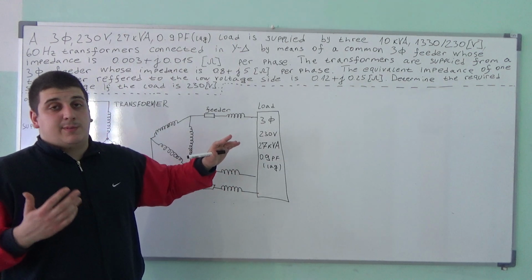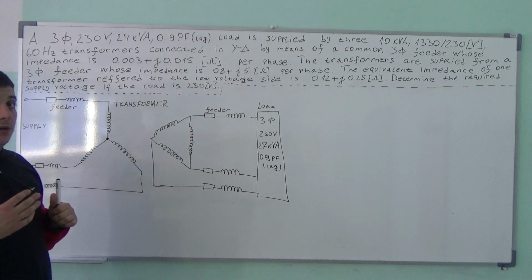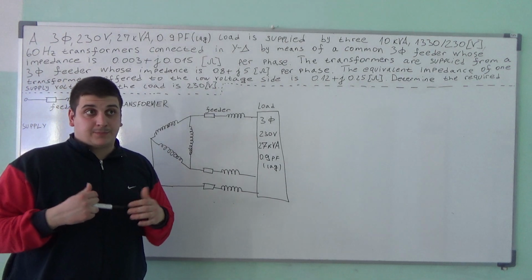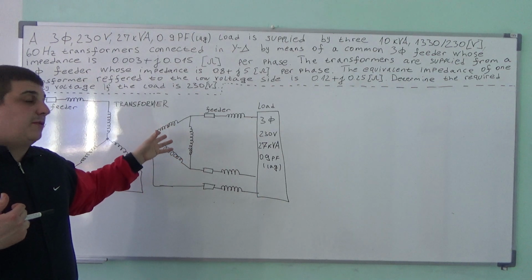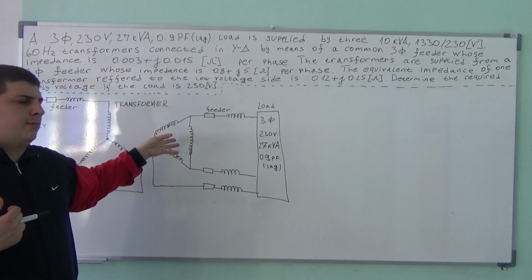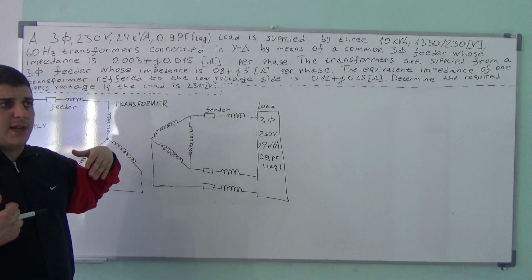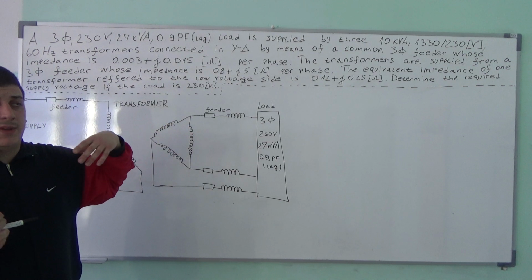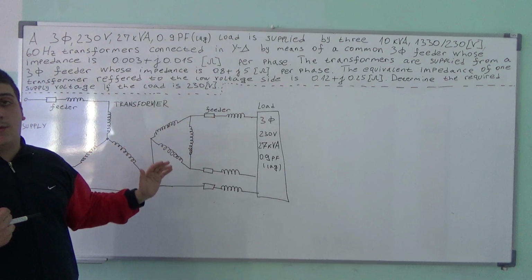For us, it is better to refer it to the high voltage side, so then we don't have to worry about the impedance changing when we transform the delta to a Y connection, because we know the impedance of the transformer looking from the high voltage side.